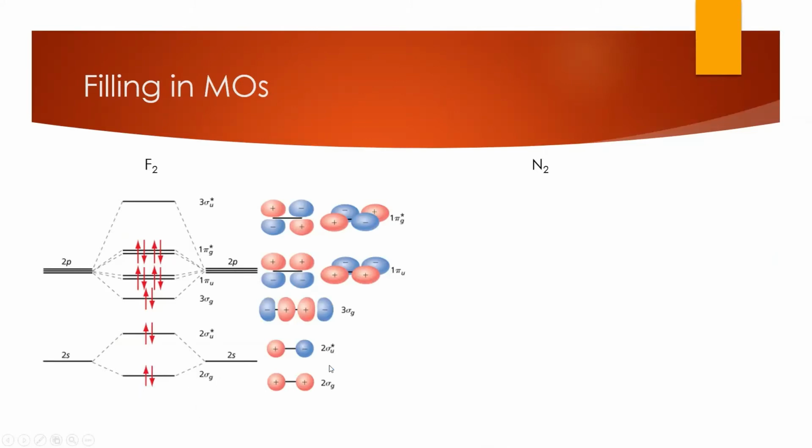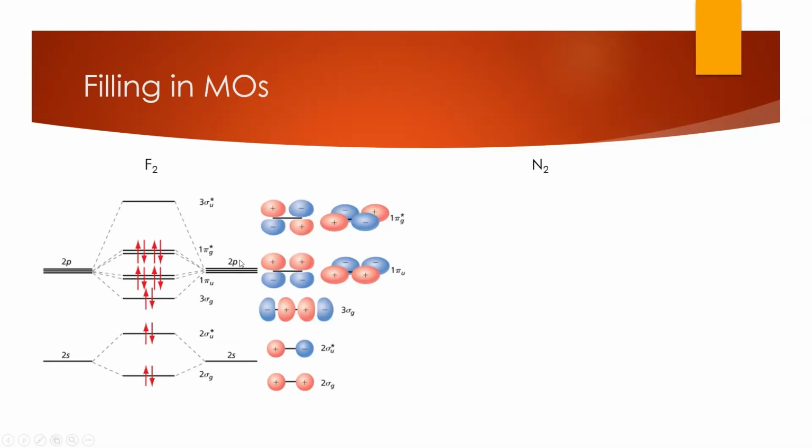So here we mix together 2s orbitals. We end up with a bonding sigma orbital and an antibonding sigma orbital. And then when we mix together the 2p orbitals, we have the bonding sigma orbital coming from the pz orbitals. Then we have 2 bonding orbitals that are the pi orbitals, and they are energetically degenerate.